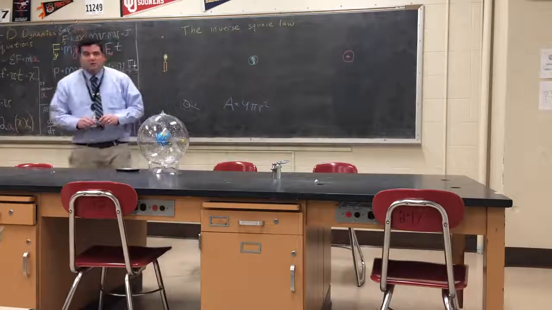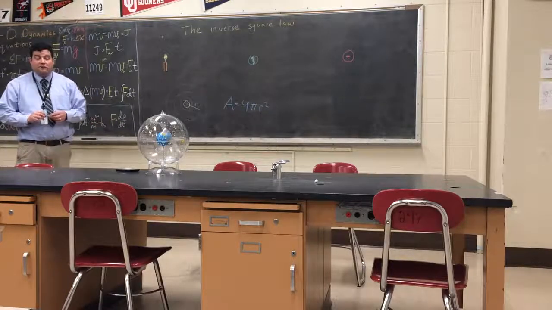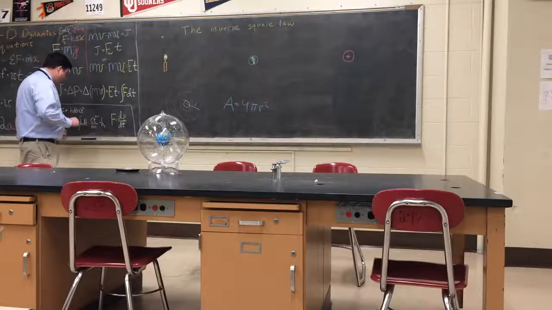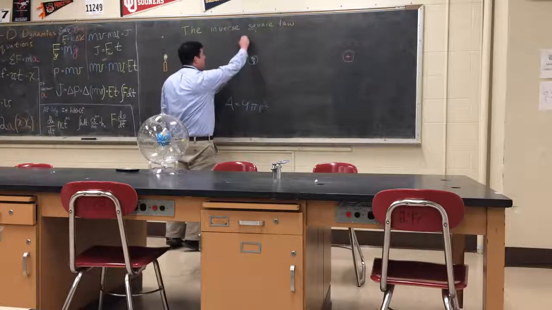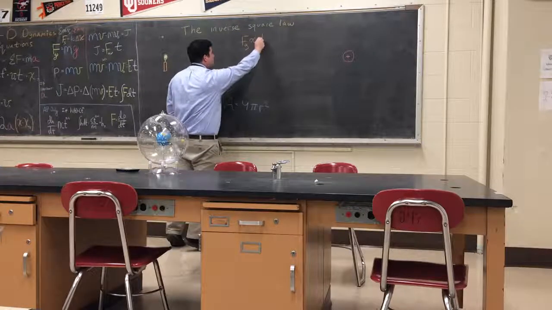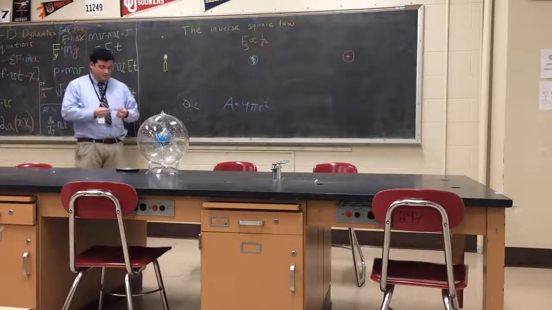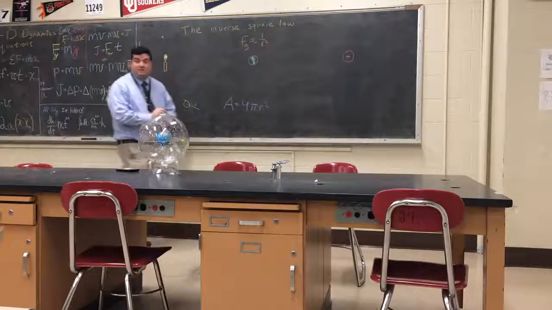So that led people to propose the idea of the inverse square law. It says that as you spread out, the force of gravity is proportional to 1 over r squared. Now, the electric force does the same thing.